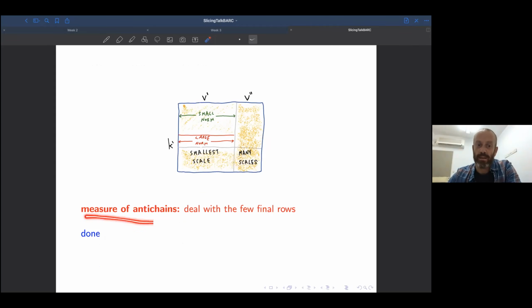And for a random edge, we have a bound on the measure of antichains. This is the second part of the construction. So with the union bound, we can still handle this part. So we are left with very few rows. This is the final step.